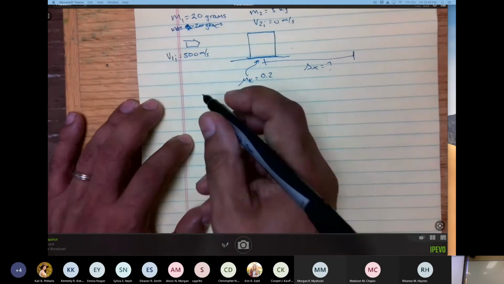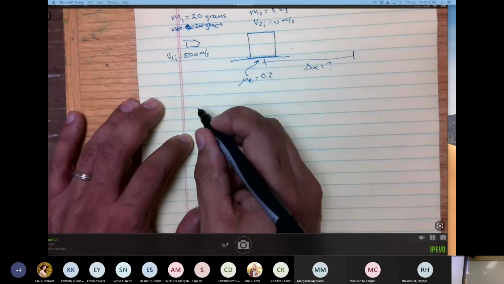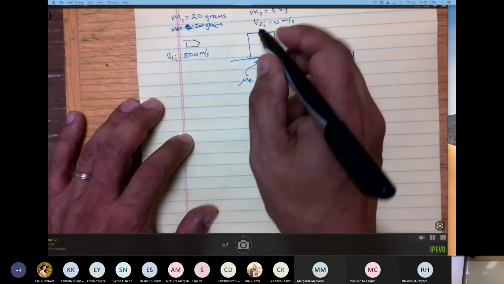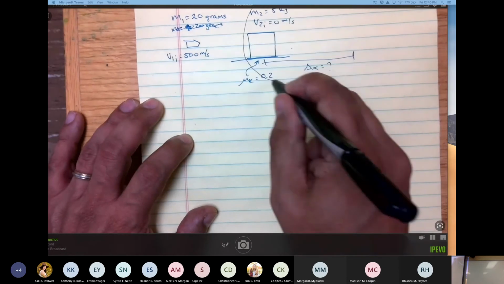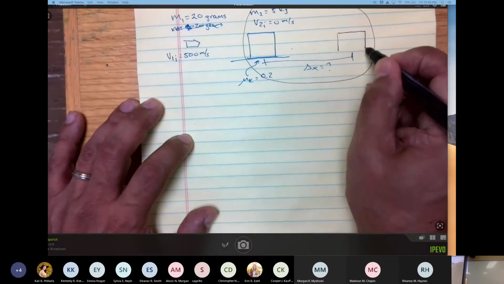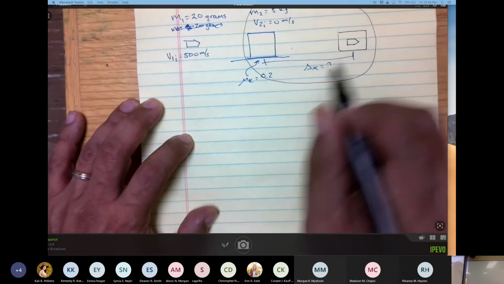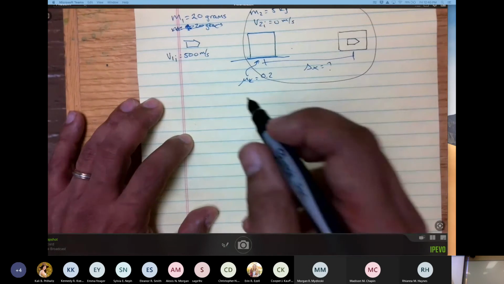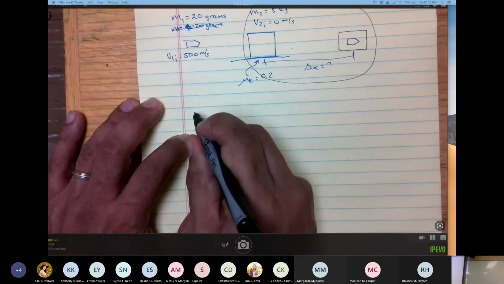I'm going to work with the part where the block and bullet are moving until they come to a full stop. The equation that I'm using is this one.